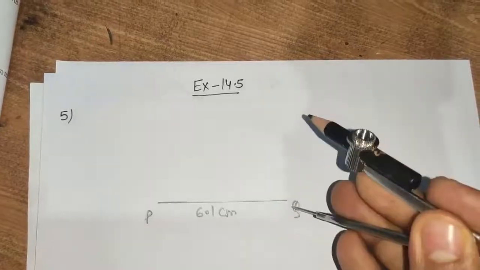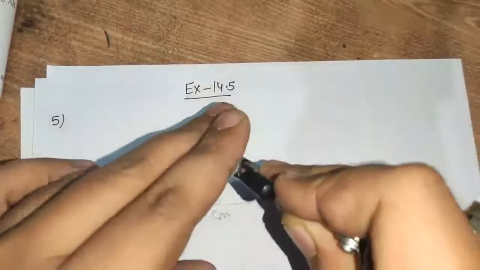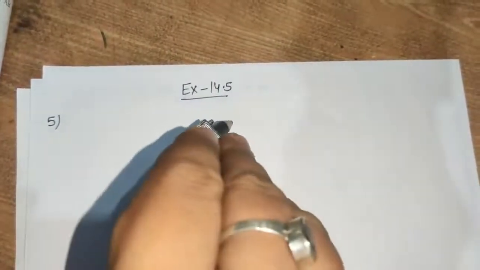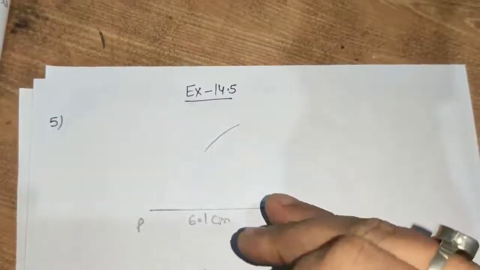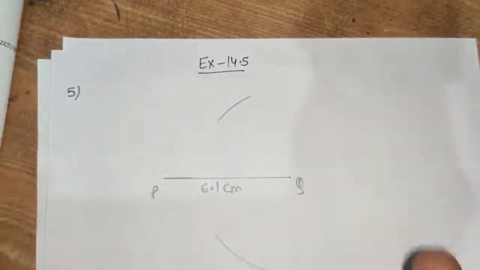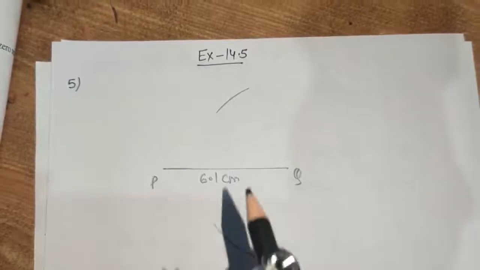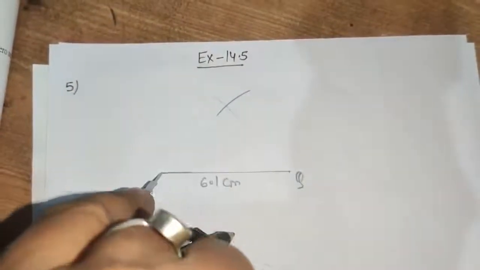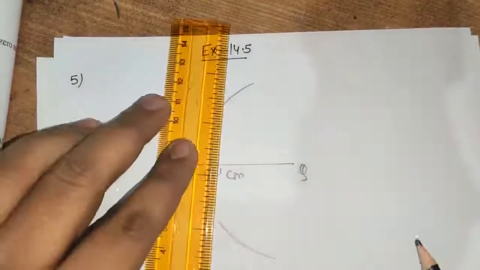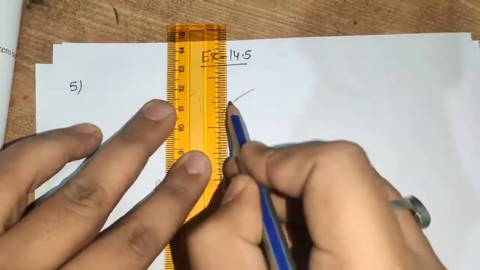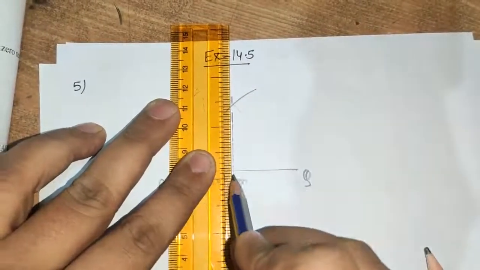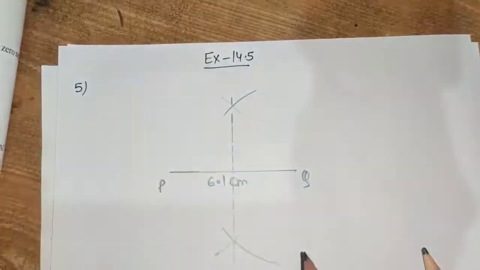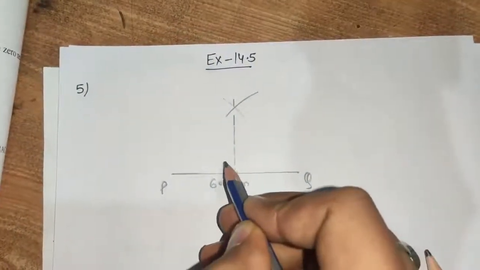So we will divide this diameter into two equal parts to get the center of the circle. One upper arc and one lower arc from P and Q we will draw, and then we will join this line. This is the perpendicular bisector of the line, and after this we will get the center of the circle.